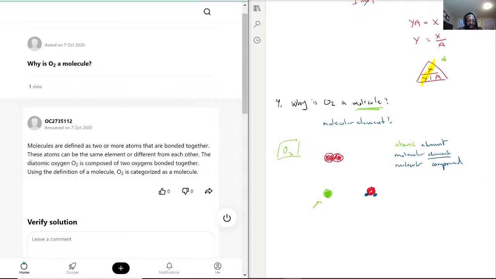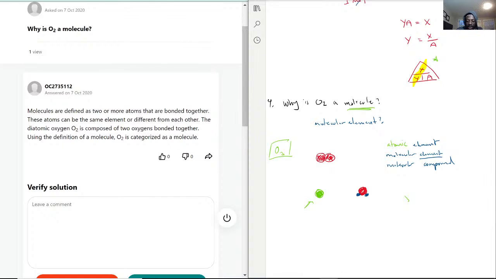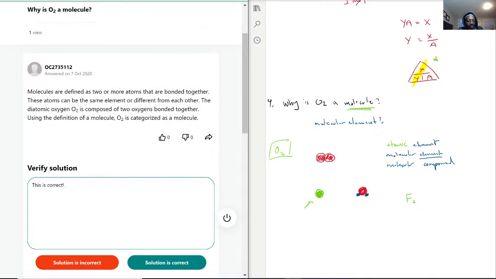So using that definition of molecule, O2, even N2, fluorine that floats in the air, like most gases actually from the halogen group, are usually going to be molecular elements because they're usually bonded 2 like that. So with that being said, this is correct.